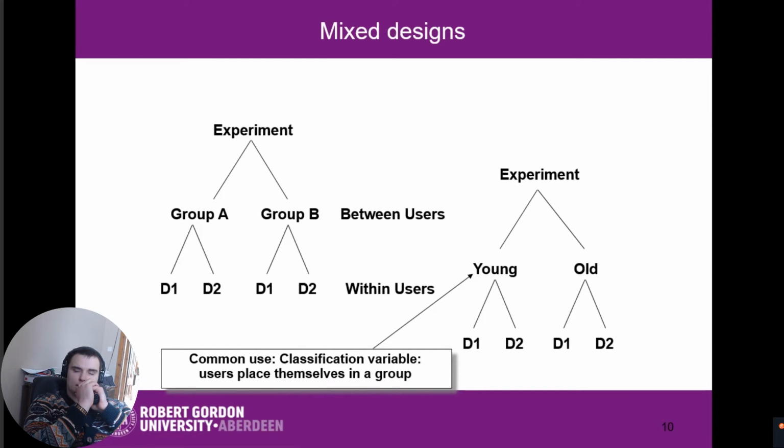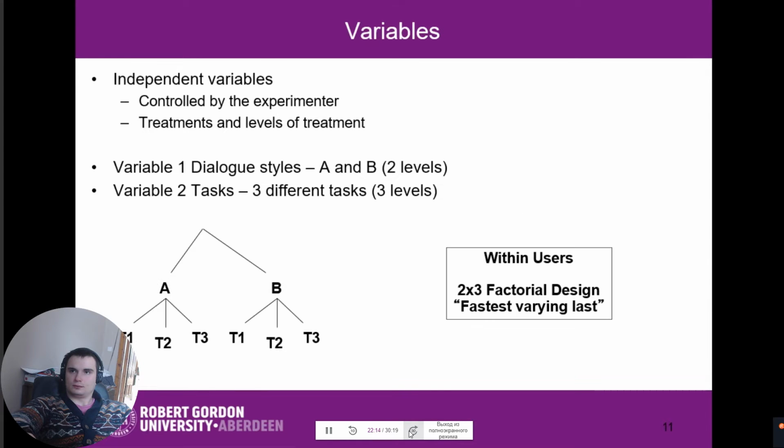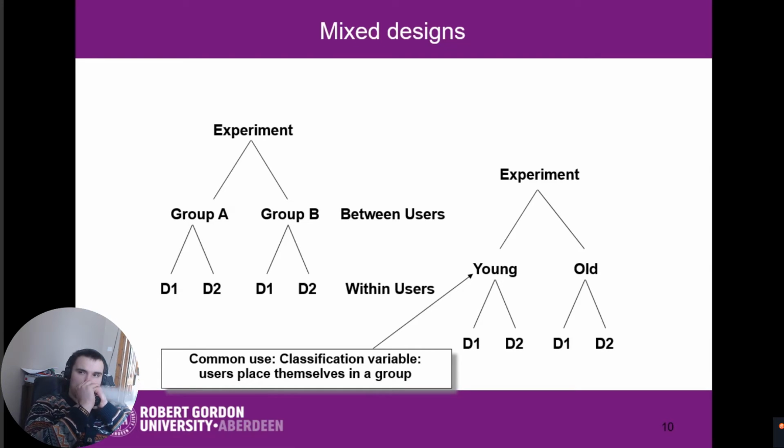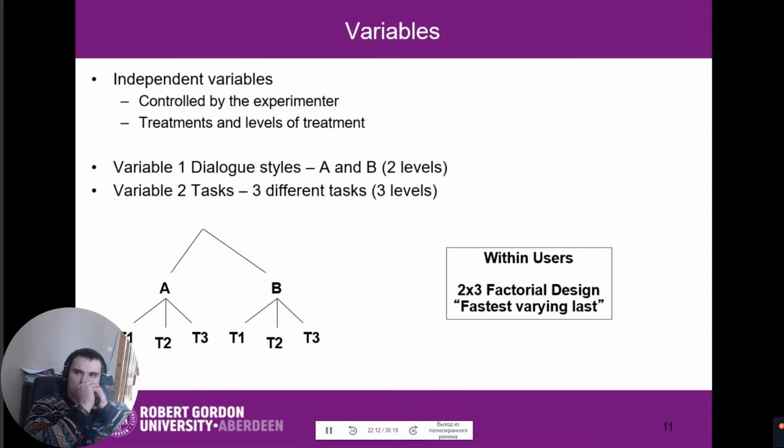So the one on the right is the common usage. You've got a classification variable, and the users place themselves in a group. So if you're between a certain age, you go into that group. If you're in a certain age, you go into that group. Now, both of these examples have two factors, one between and one within.